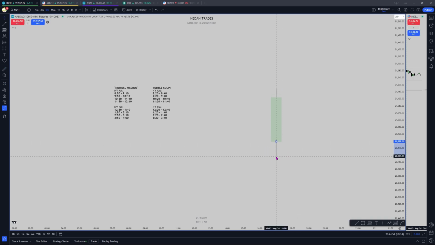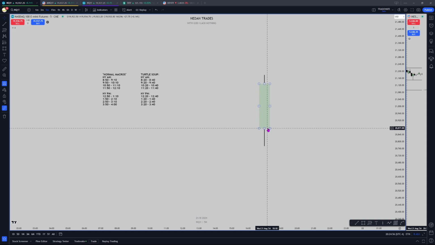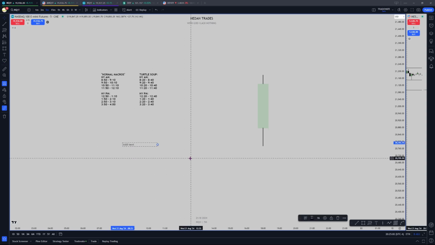Let me make this lower wick a bit longer. You can split this 1 hour candle into 4 different quarters, essentially 4 cycles.